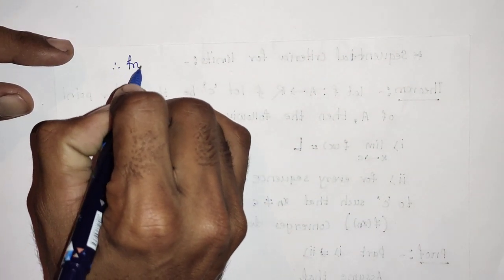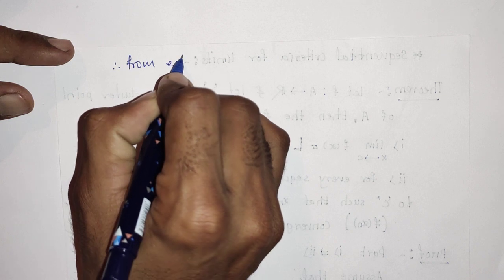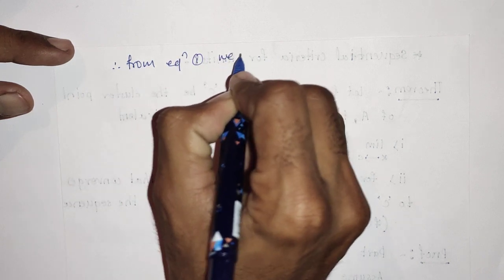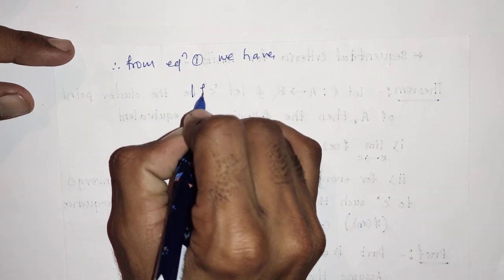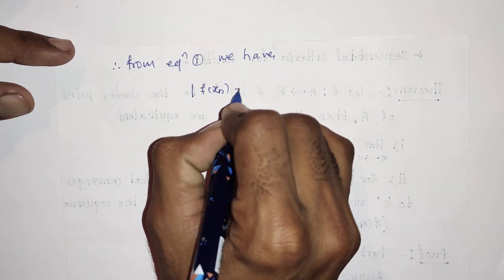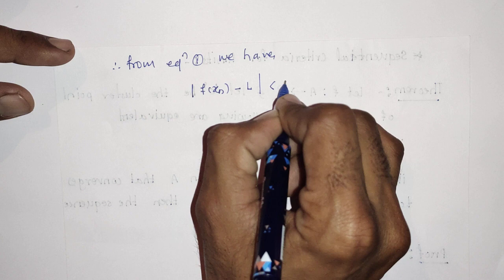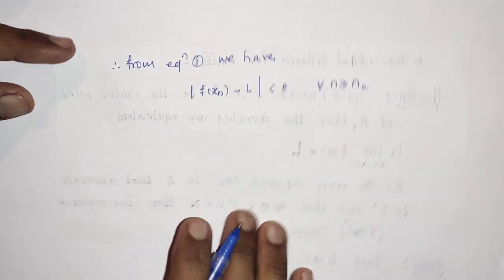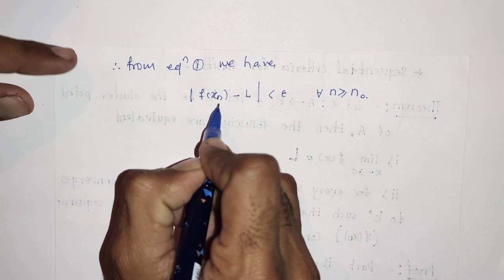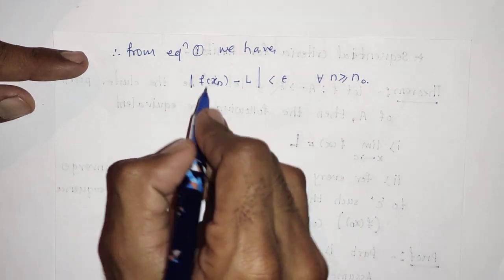Therefore, from equation 1 we have mod of f of xn minus L is less than epsilon whenever n is greater than or equal to n naught. Just replacing x by xn in that equation we can write this.